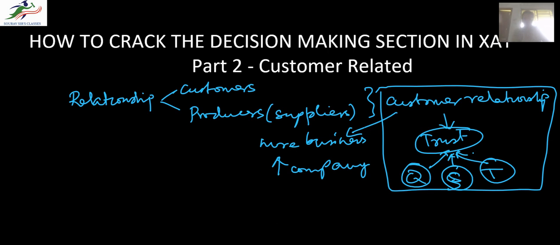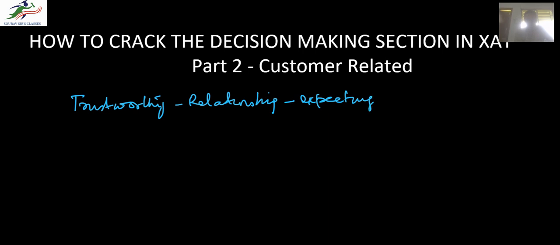Now let us look at how the customers would behave if they want to have something more from you. Now you have customers who are trustworthy, with whom you have built a relationship, and they are expecting something more, and how do you deliver their expectation?